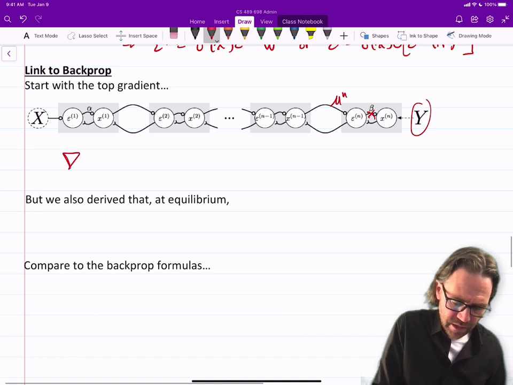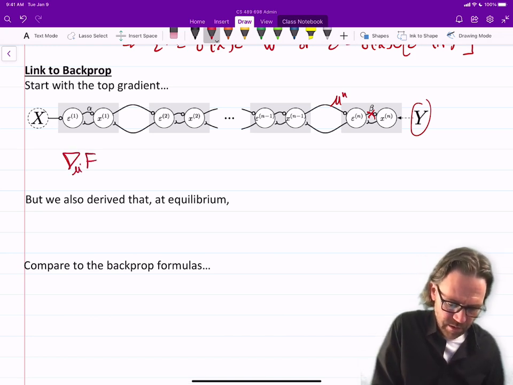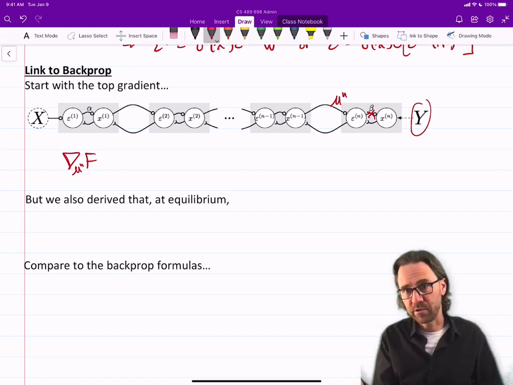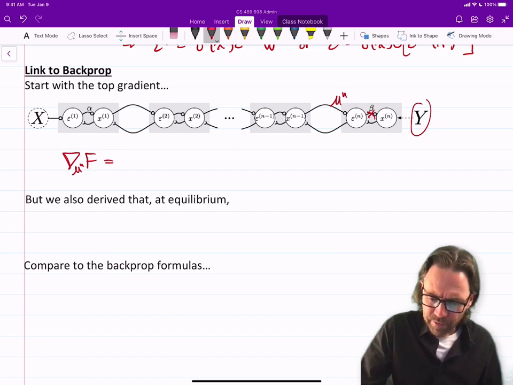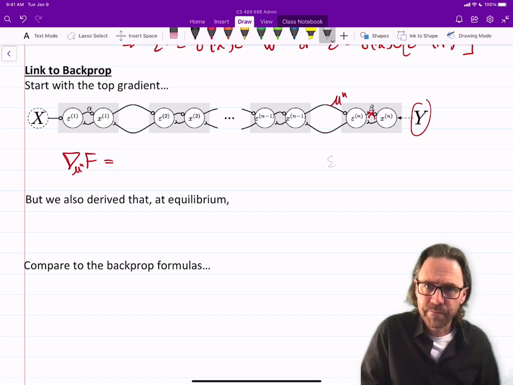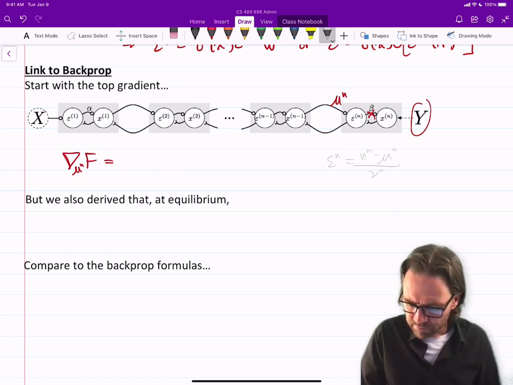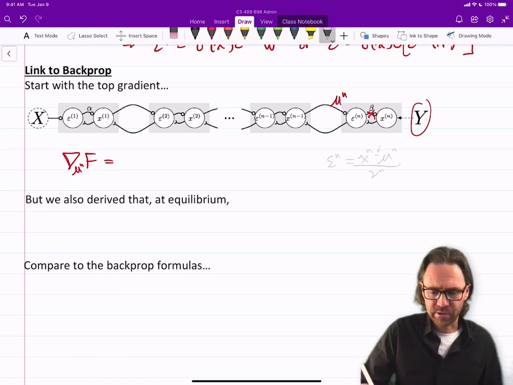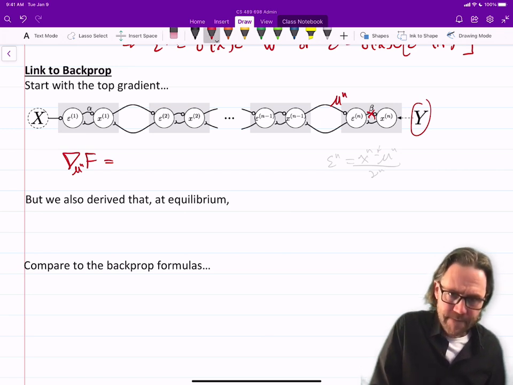Now if I were to take the gradient of my Hopfield function with respect to mu, with respect to that input current to the top layer, the prediction going to the top layer, remember epsilon n is xn minus mu n over eta n. So there's this minus sign here, so that'll explain where we get a minus sign. It only depends on this one term.